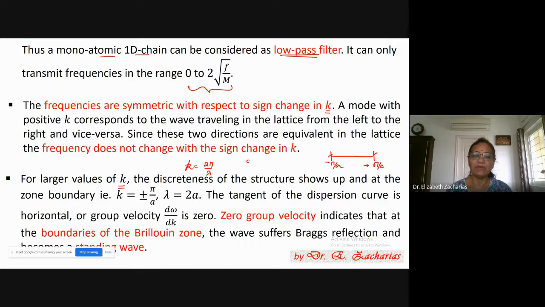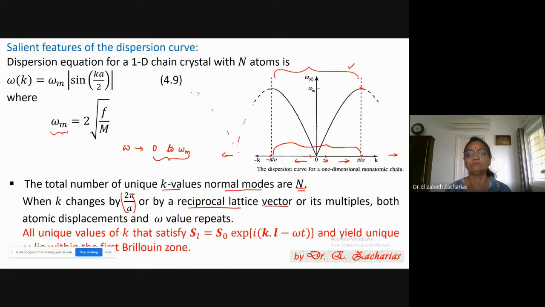The wave will be able to see this monoatomic chain as discrete atoms separated by some distance a. The discreteness of the structure shows up, and at the boundary, plus pi by a and minus pi by a, you find that the dispersion curve is horizontal. Let's just go up and see. You see here, the dispersion curve is horizontal.